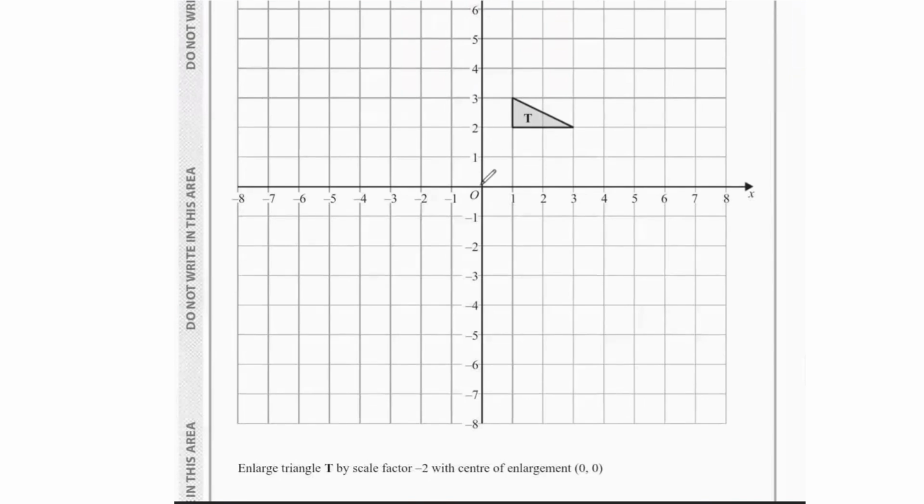Center of enlargement is given over here as 0, 0. So this point over here is 1, 2. And since the scale factor is -2, we're going to move 2 units horizontally because we have 1 unit over here, and 4 units vertically.